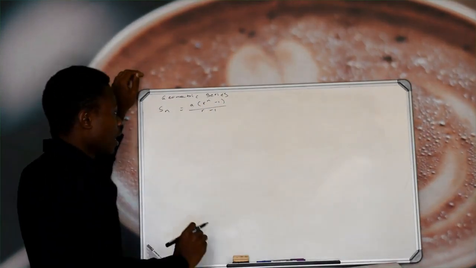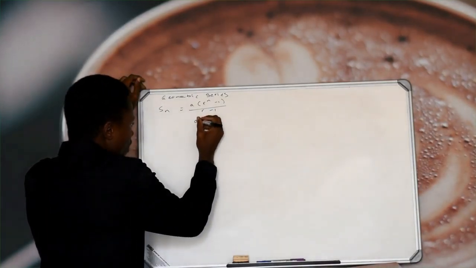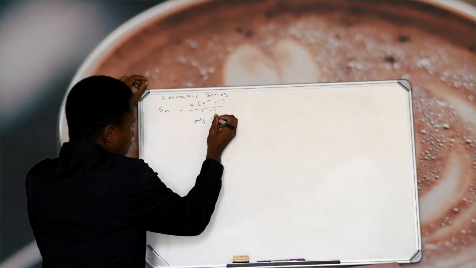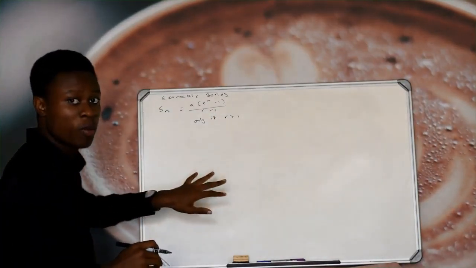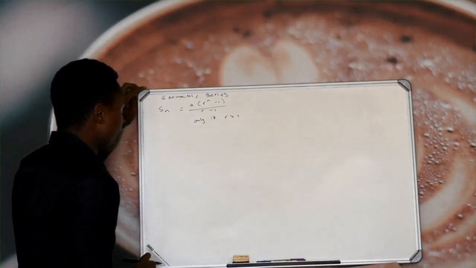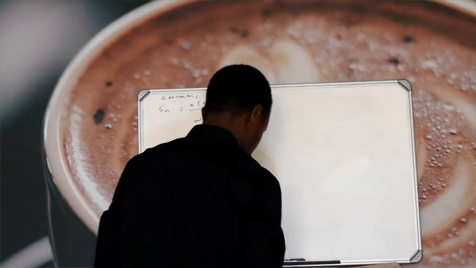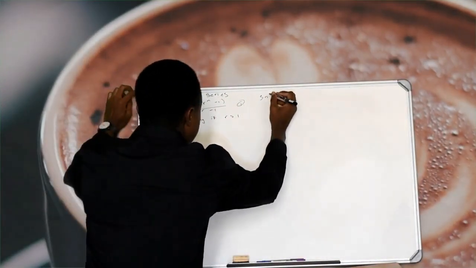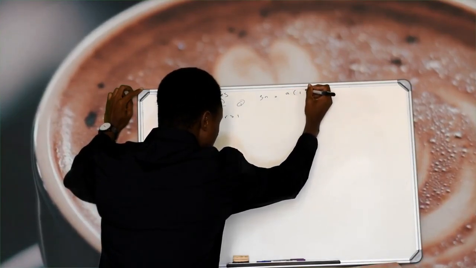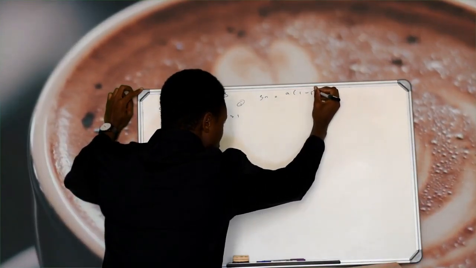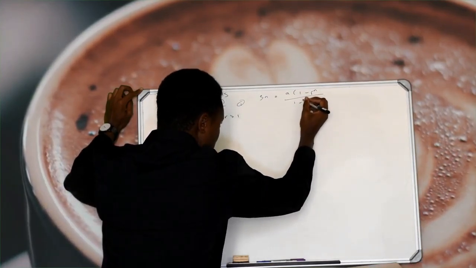But this formula can only be used when r is greater than 1. Okay? Now there's another formula. The second formula is a(1 minus r to the power of n) divided by 1 minus r.